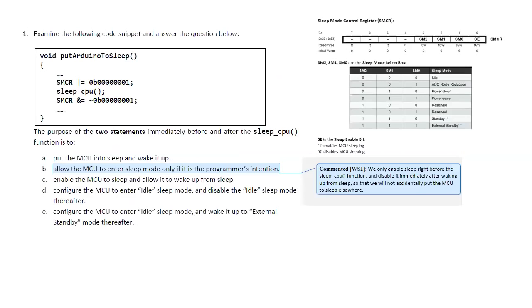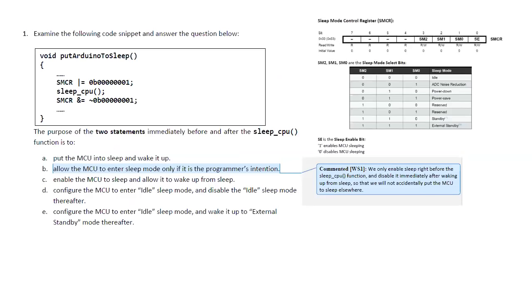Now let me go on to the additional practice questions, which were uploaded yesterday. I hope you had a chance to look at them. The first question is about the sleep mode. For this, we have a function where we are going to put Arduino to sleep.